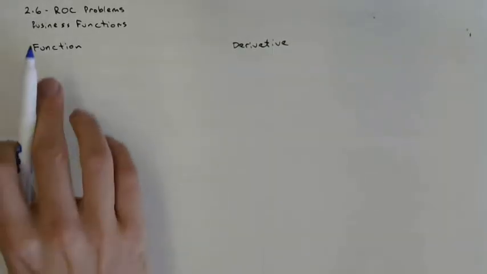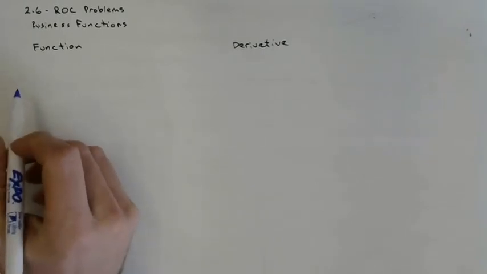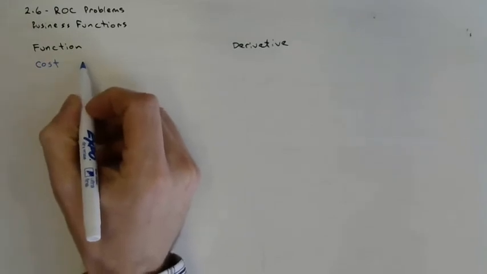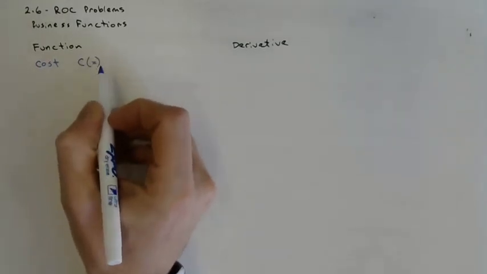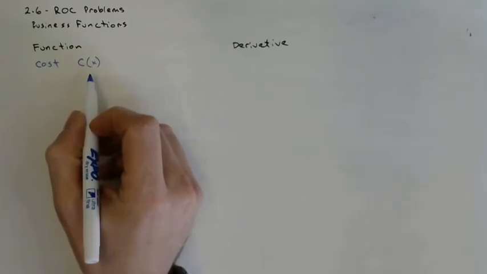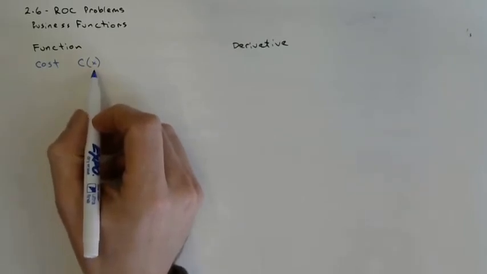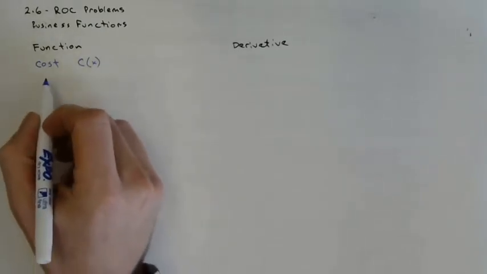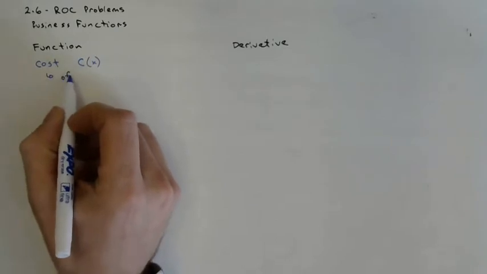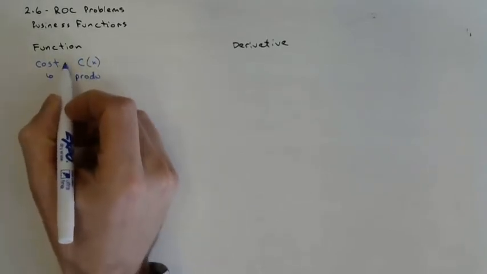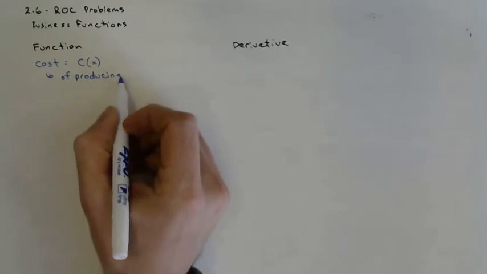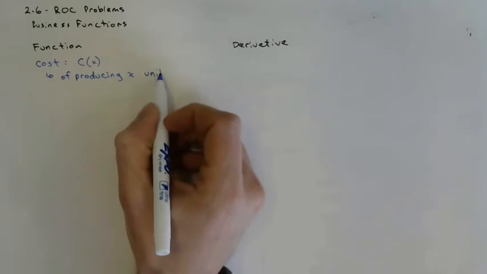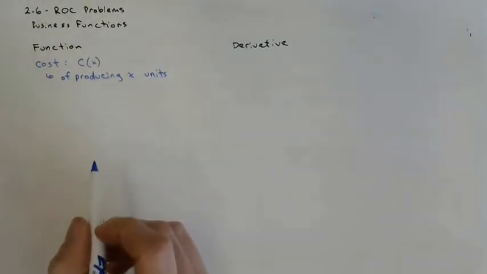So the first set is functions that you're actually really familiar with already. You have a cost function, which is C with respect to X. So that's the total cost of producing X units of a product or of a service.